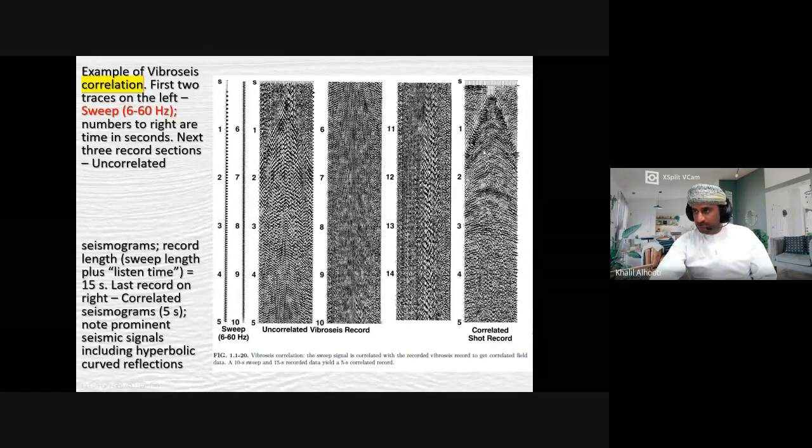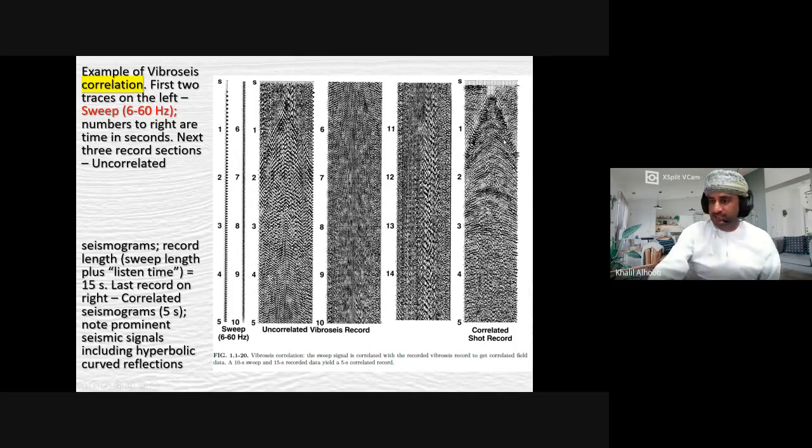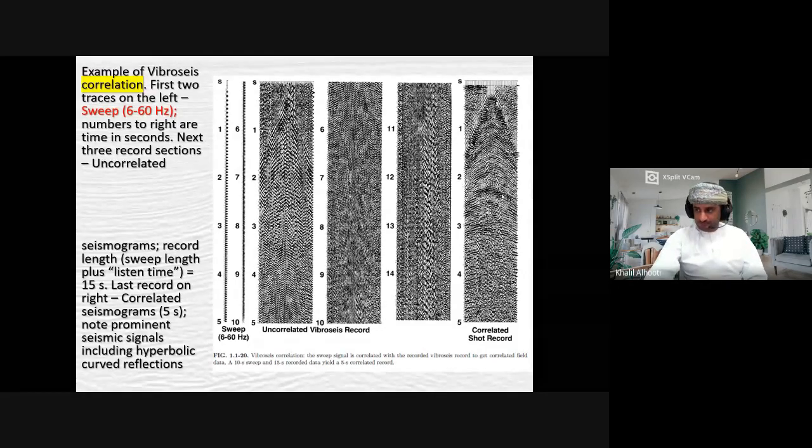At least here, before the processing, I see some reflections, some hyperbolas. Those hyperbolas are indicating that there is an interface, a change in the acoustic impedance between two different layers having different acoustic or geophysical or physical characteristics. More processing might make it better.